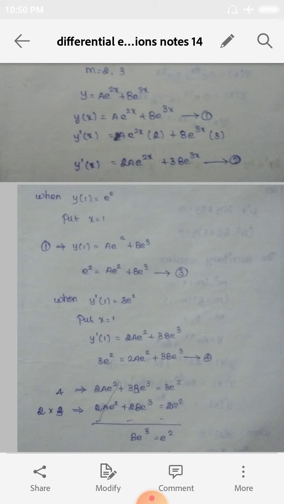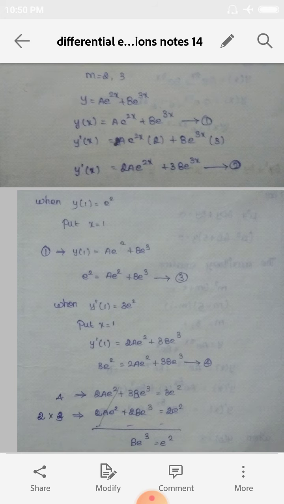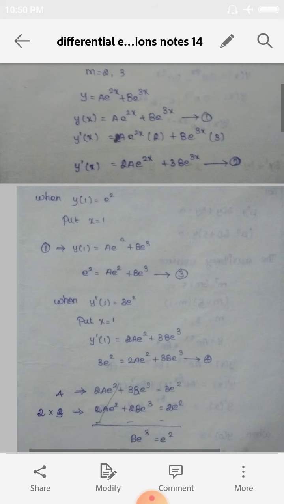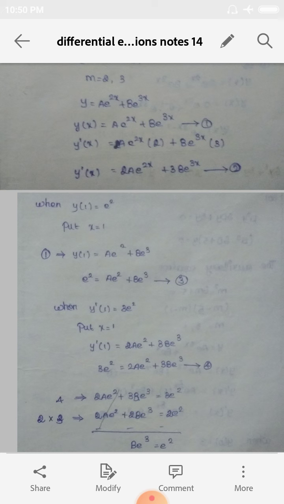That is, y dash of x, a is a constant, so keep it as it is, into the differentiation of e power 2x, which is e power 2x into 2, plus b into e power 3x into 3. So we get y dash of x is equal to 2a e power 2x plus 3b e power 3x. Mark it as equation number 2.